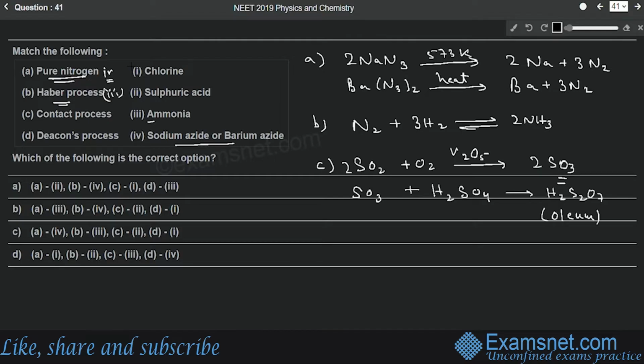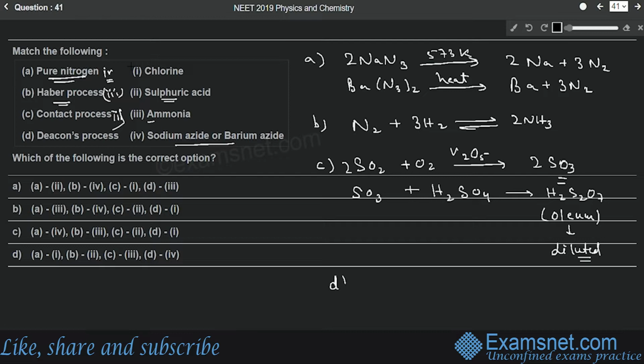Then at last the oleum is diluted to give us the sulfuric acid of desired concentration. So this contact process is related to the production of sulfuric acid. That means the correct match for C will be number 2.